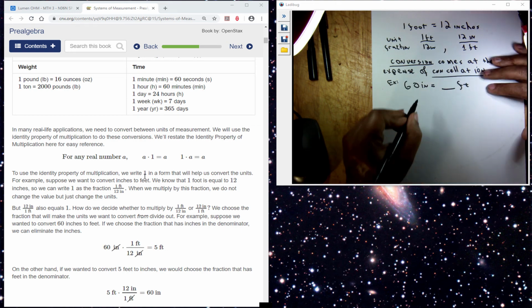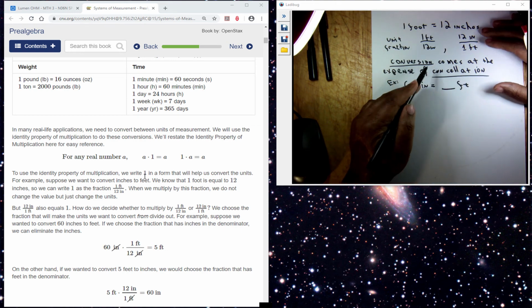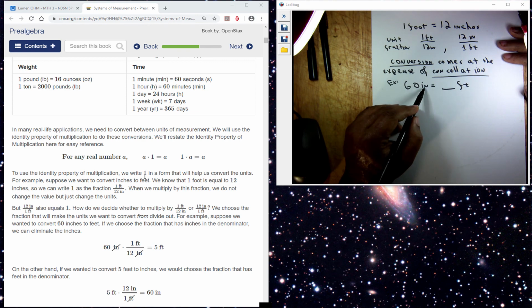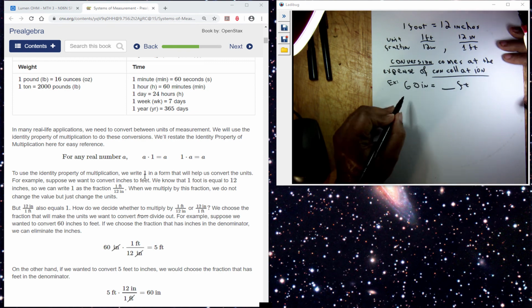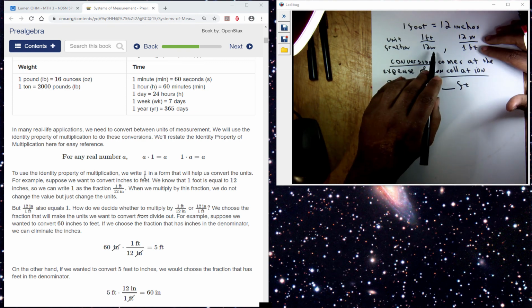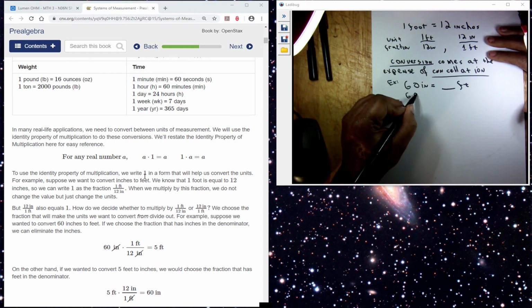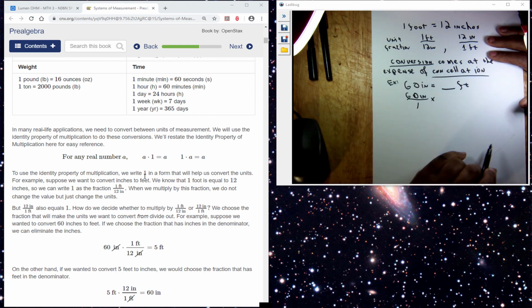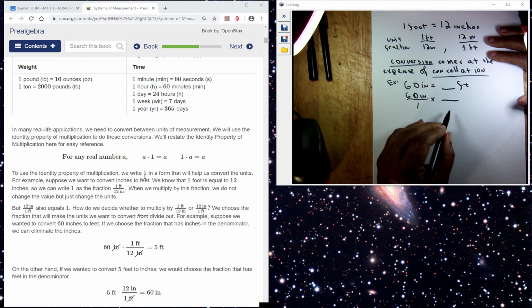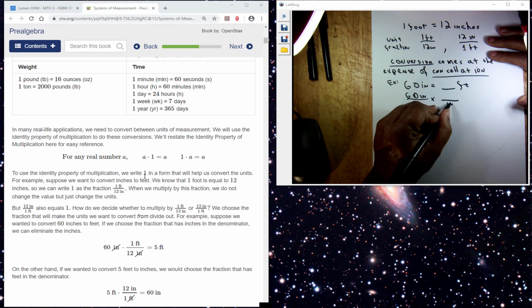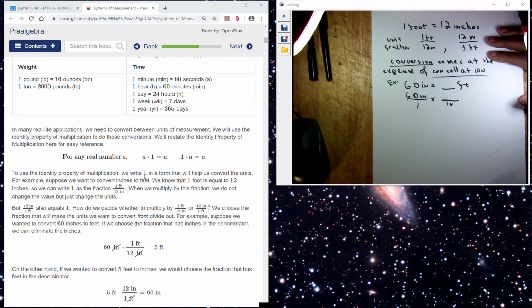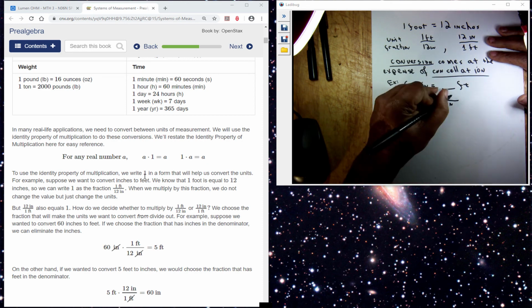I would use these unit fractions so I could cancel out the inches and replace it with feet. So I have 60 inches, and I want to get rid of inches, so I want inches to cancel out. I put it in the bottom so it cancels, and I want to replace it with feet.